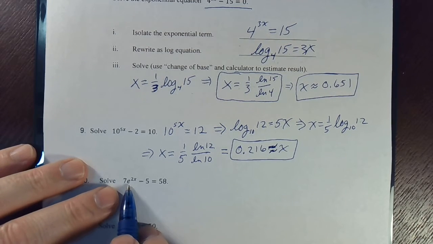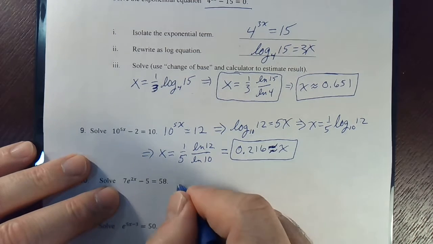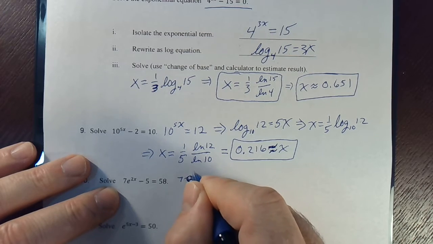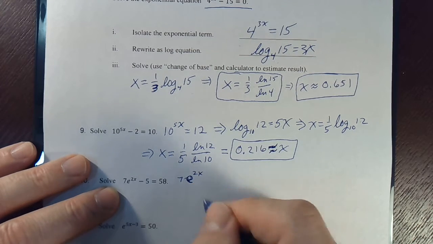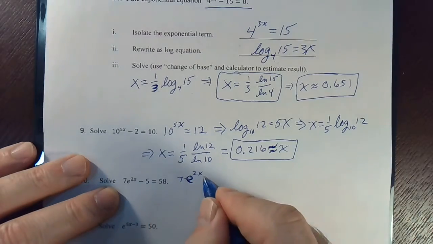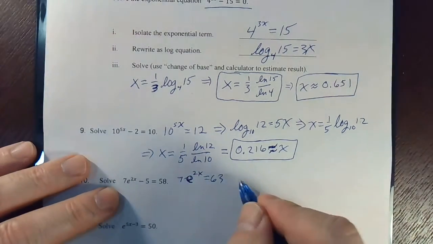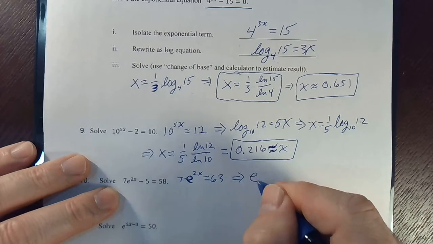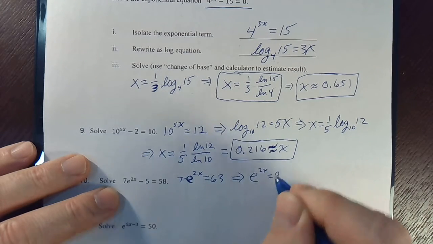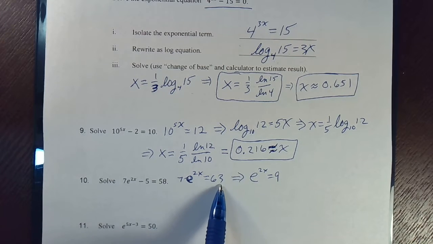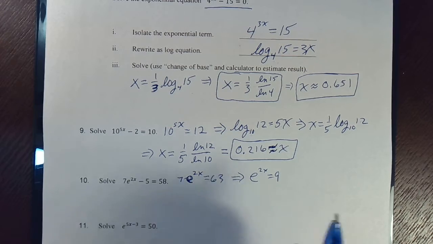All right, let's get the exponent term isolated. So 7e to the 2x. Adding 5s gives 63. And then we'll divide both sides by 7 to get e to the 2x equals 9. Once again, divide this by 7 to cancel that one out, and divide 63 by 7 to get a 9.